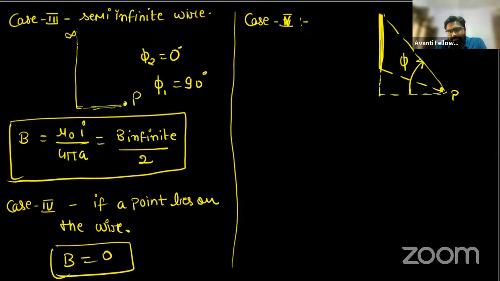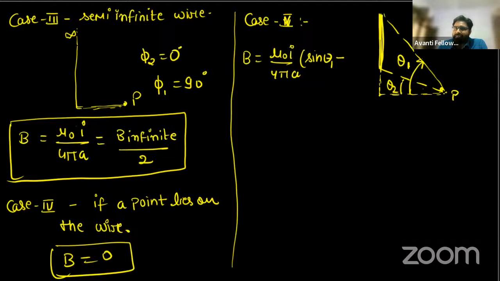First is theta 1, and second is theta 2. The only difference you have to make is that B here would be mu naught I upon 4 pi A times sin theta 1, which is okay because we measure theta 1 in the anti-clockwise sense. But for theta 2 we are moving down, so theta 2 becomes negative.